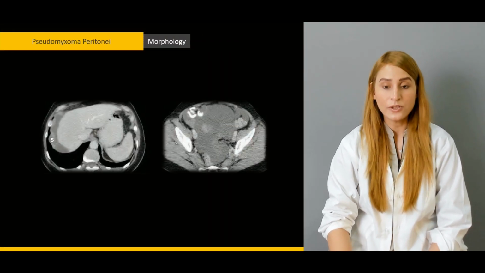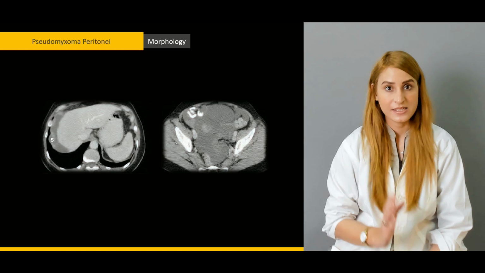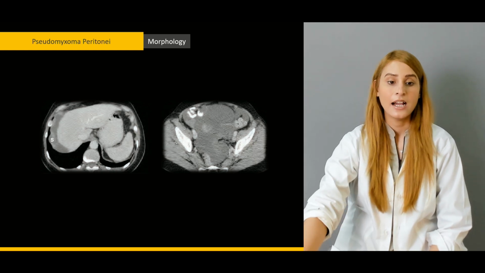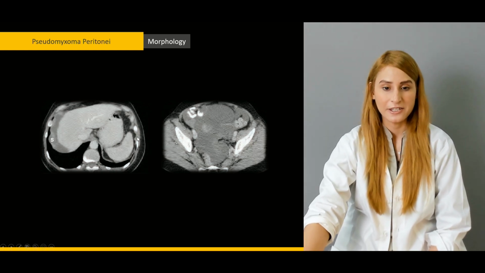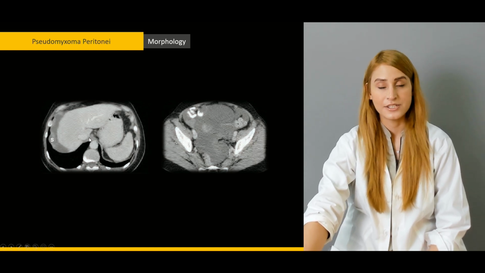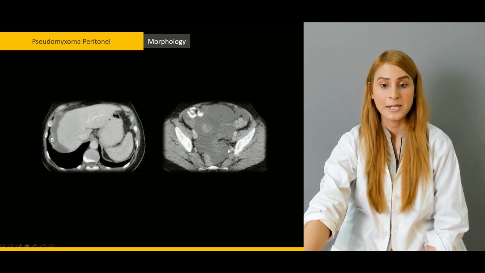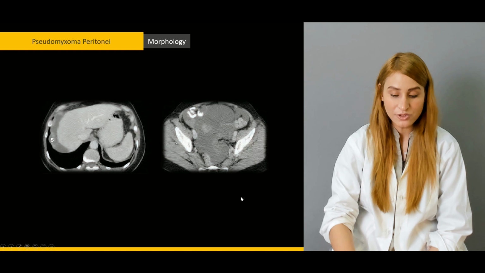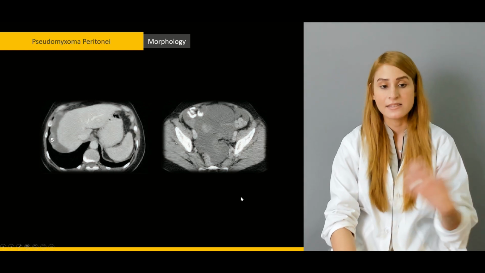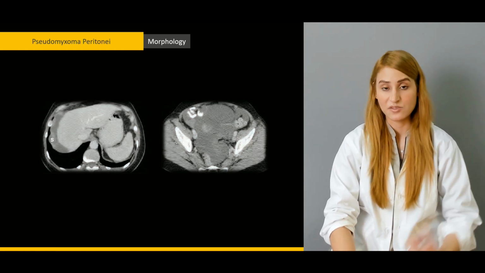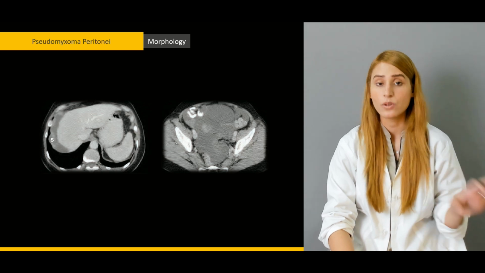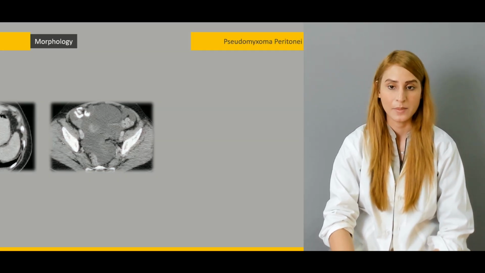Plus, you can also appreciate this in the CT scan. You can see here that there's a seeding of all these tumor deposits which are found in the ovaries, in the peritoneum, in the mesentery, in the omentum, and there can be liver mets as well. So this whole entity is called pseudomyxoma peritonei.